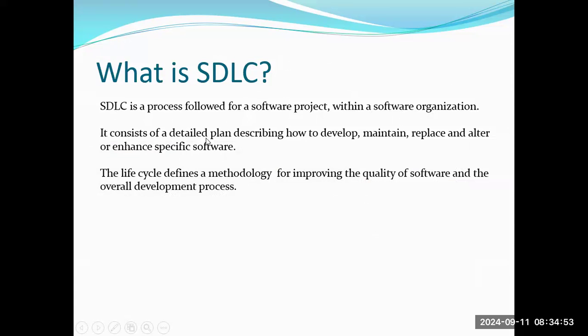It consists of a detailed plan describing how to develop the project, how to maintain the project, and how to replace it, in case this functionality is not working, with an alternate.